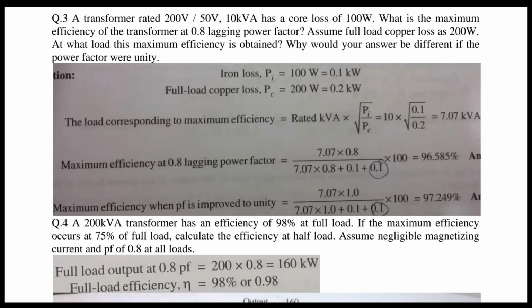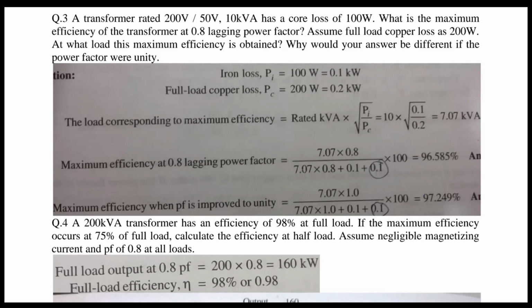Okay, so input is what? Output plus losses. So output is substituted as it is, plus iron loss, which is 0.1 kilowatt. The losses were given in watts, so they were converted into kilowatt by dividing by 1000.